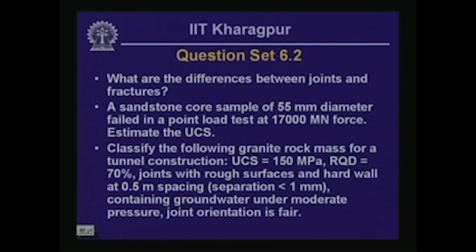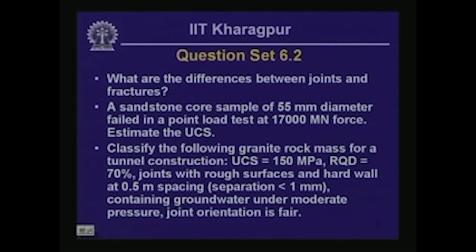These things remain in the rock mass, and we are going to call these features by the keyword joint, whereas fractures develop later on during the lifetime of the rock mass because of relative movement between different portions within the rock mass. So that is the essential difference between joints and fractures.